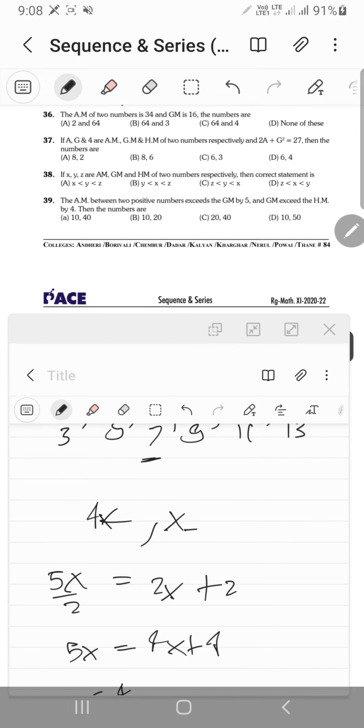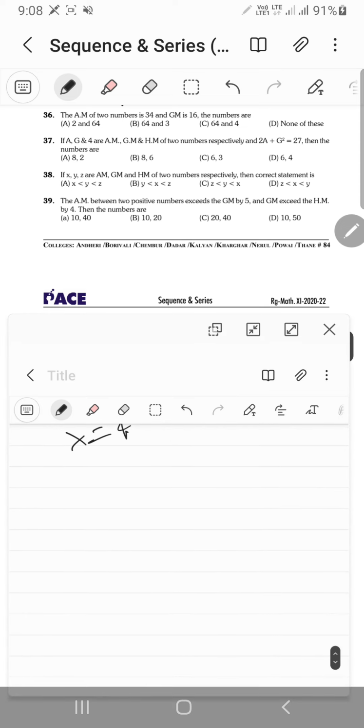The AM of two numbers is 34 and GM is 16. The numbers are, okay, fine. AM is 34. That means the sum is 68. Actually, you just have to guess because the quadratic expression also just relies on guessing. So just look at the options.